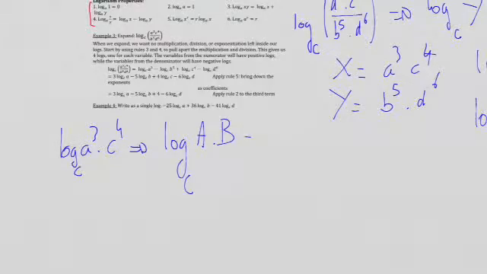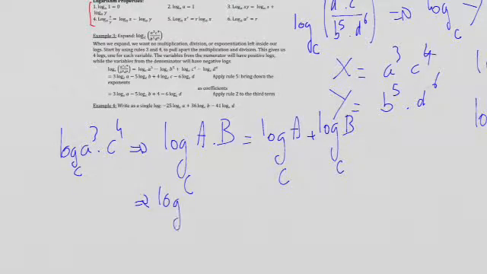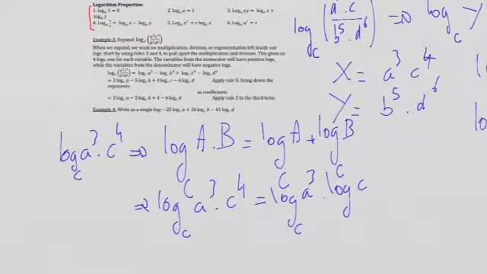And you know that is going to be equal to the log base c of a plus the log base c of b. So in your case, you are going to have log base c of a cubed times c to the 4th, and that is going to be equal to the log base c of a cubed plus the log base c of c to the 4th.